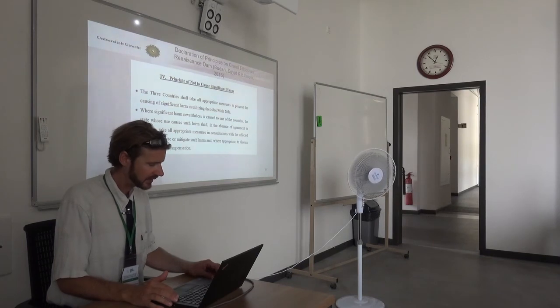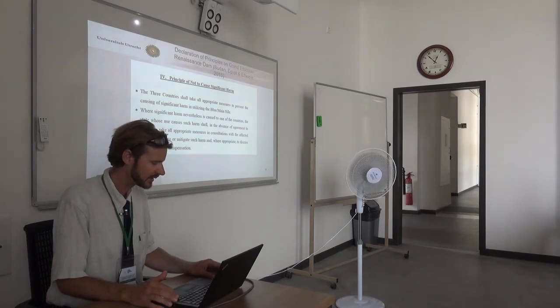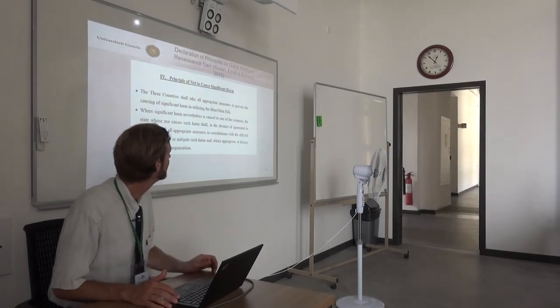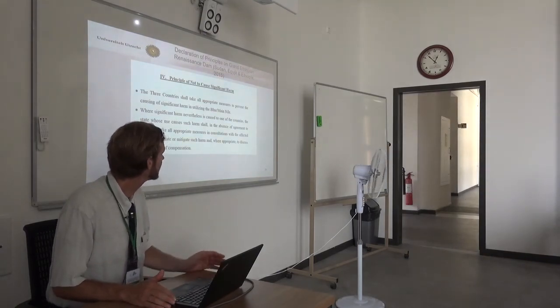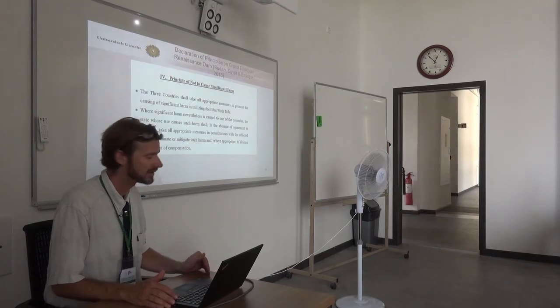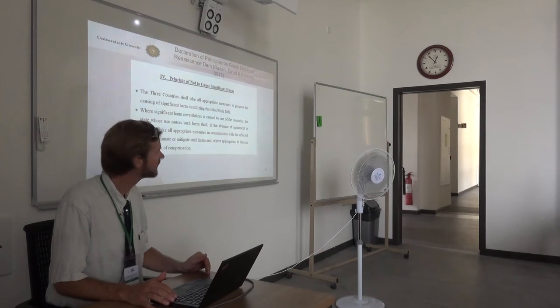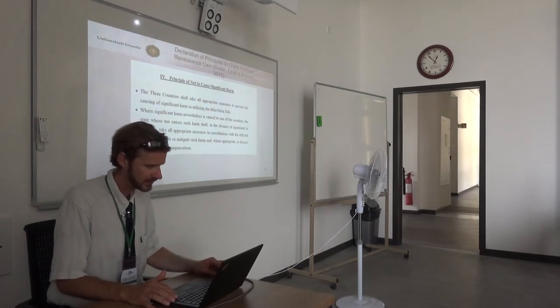So it's interesting that in the declaration you find this rule formulated in this way, because supposedly then, at least in a political sense, also Egypt and the Sudan agree with this rule.